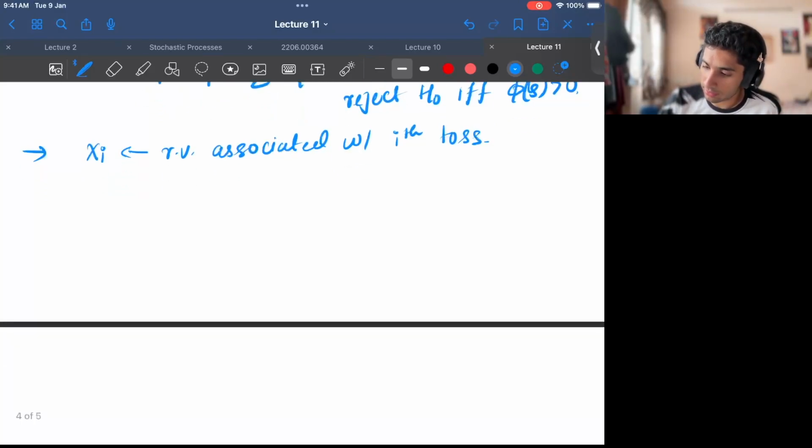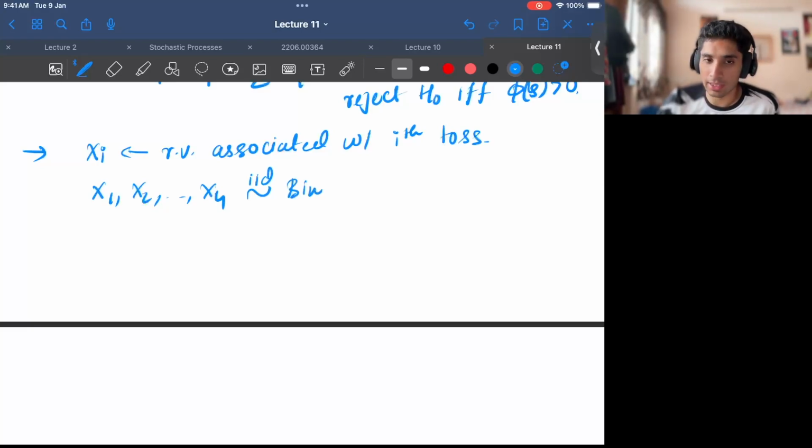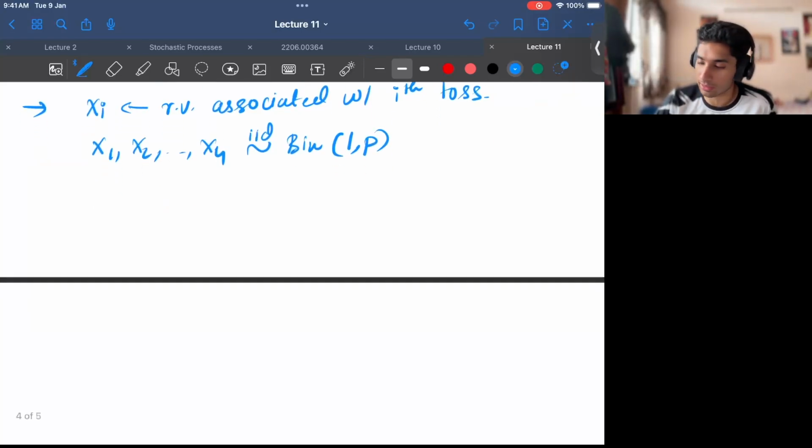And you have been given that x1, x2, x4, all of these are coming from IID. So since this is a coin toss, it's a binomial. Individually you can also say that they're Bernoulli, but a simple way to look at it is binomial with one trial and probability of success p, right? So s is the number of heads, right?